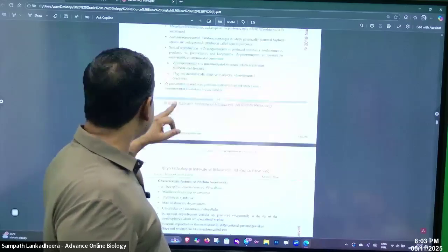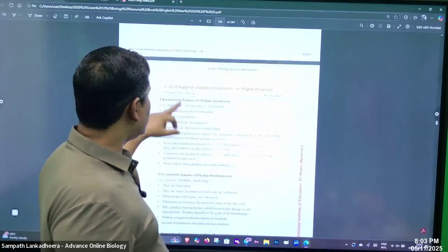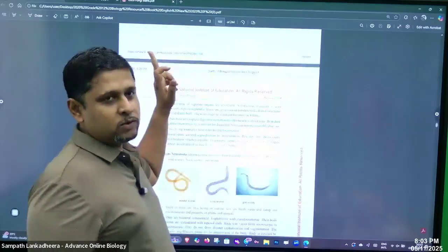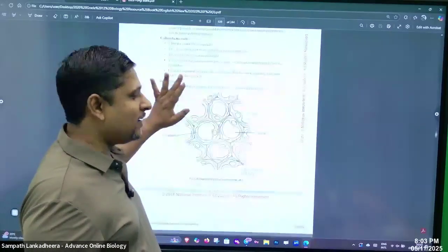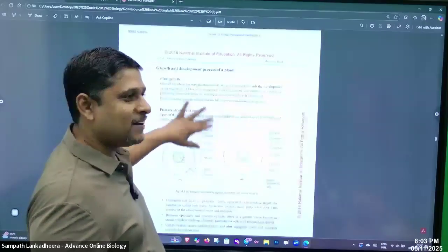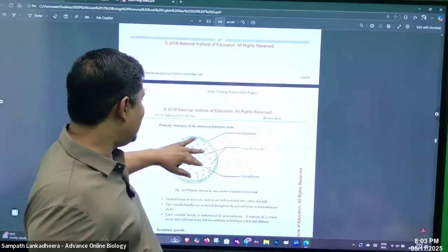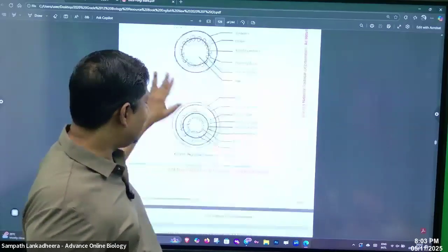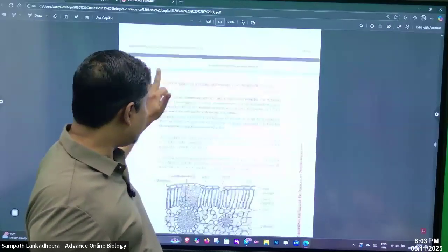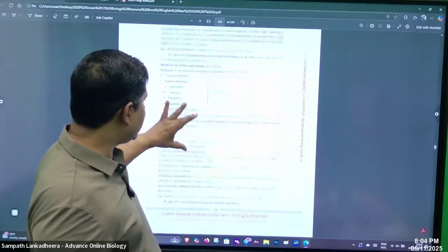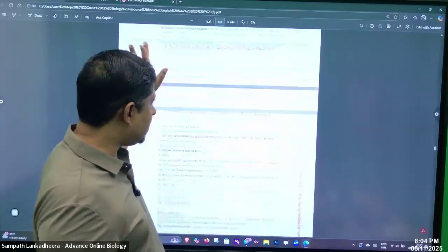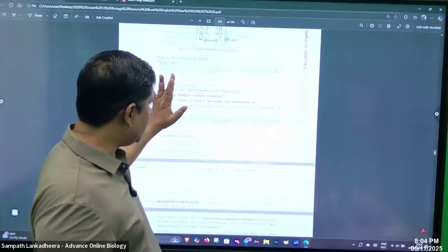In previous discussions, we went through the Bryophyta, Pterophyta, and then Lycophyta, right? Selaginella also we discussed. So today's discussion starts with the Anthophyta life cycle.